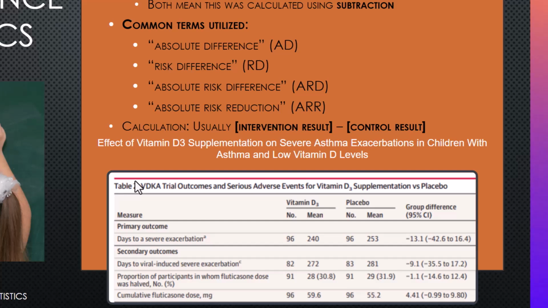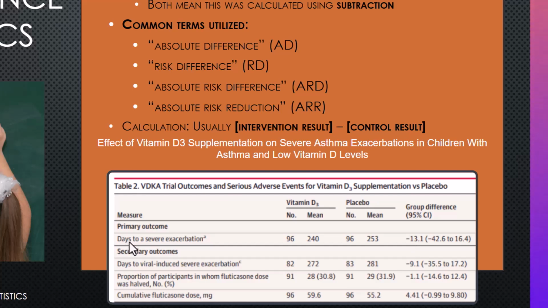And then you see, let me point it out here, our result is group difference. Key word in there, difference. That means subtraction. Let's look at this first result. We get negative 13.1. Where's that come from?